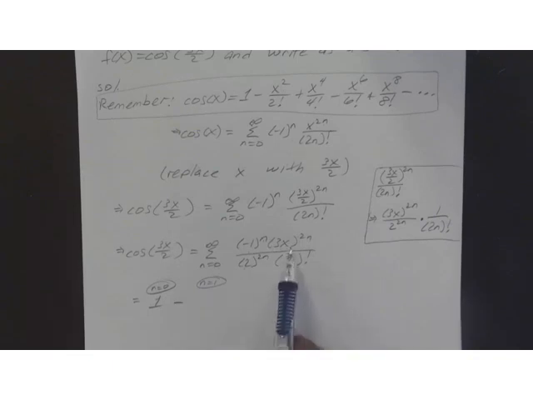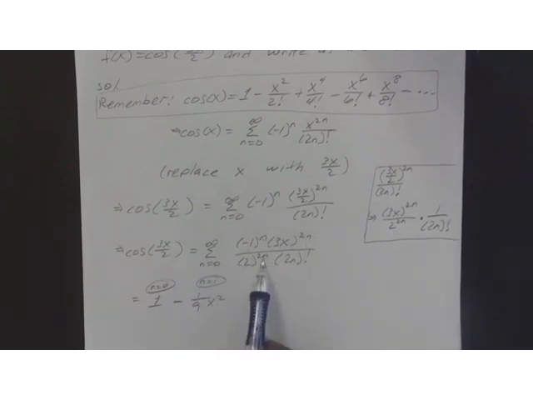Actually, yep, it would be 9x squared, because n is equal to 1 here would give us 3 squared, so the x squared will be up here.